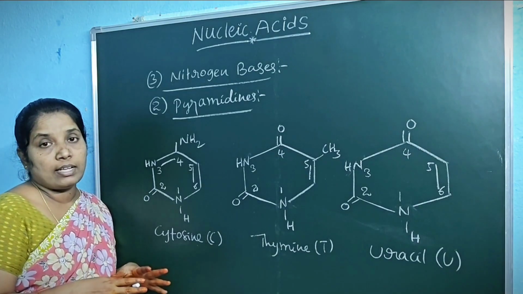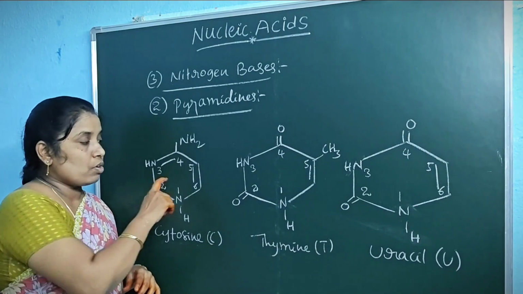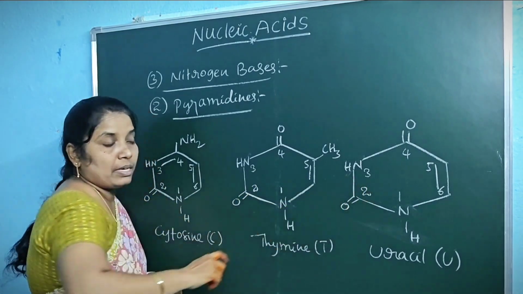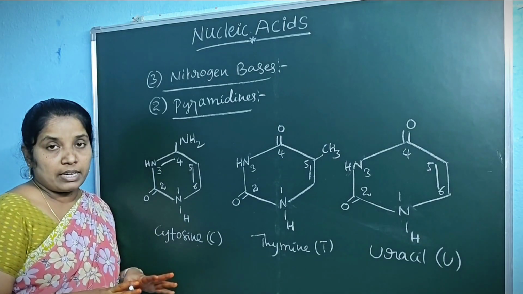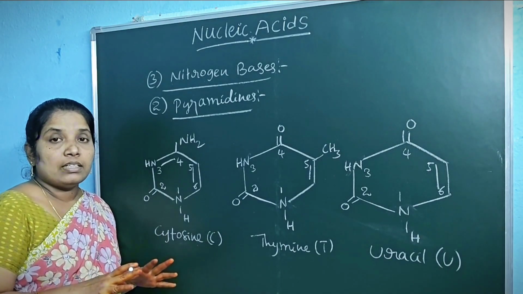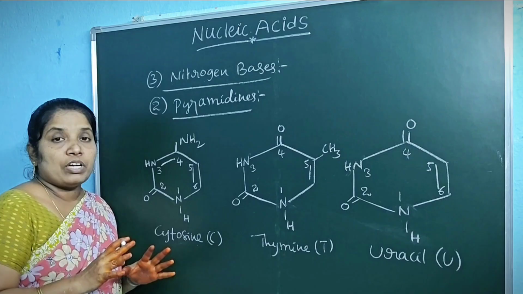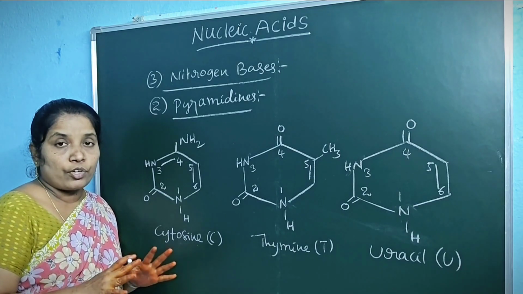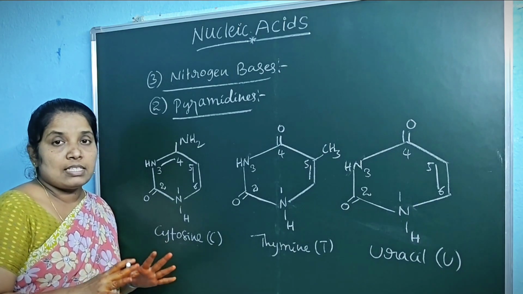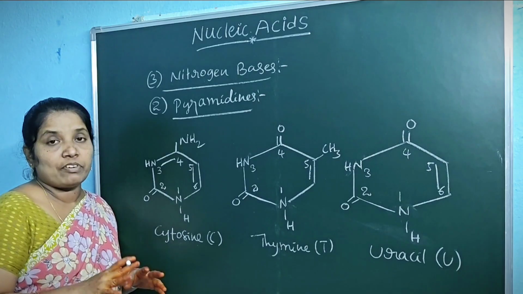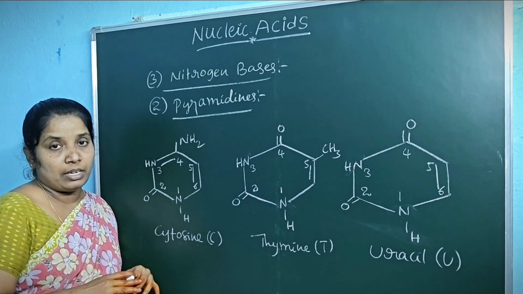That ring is called the pyrimidine ring, which is common for pyrimidines. So, that is the difference between benzene ring and pyrimidine ring.